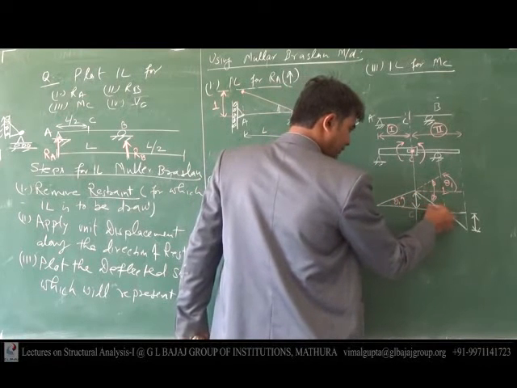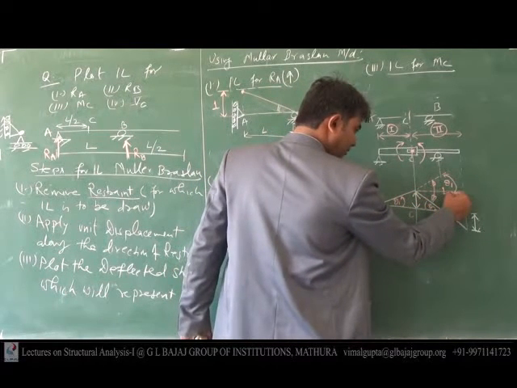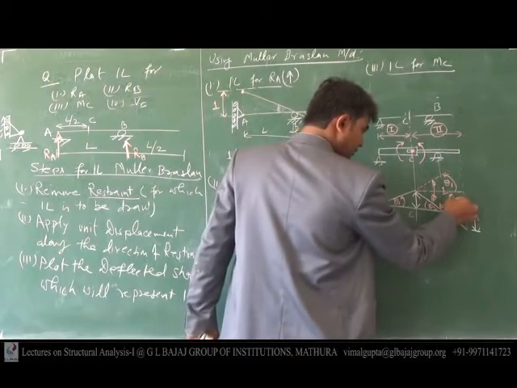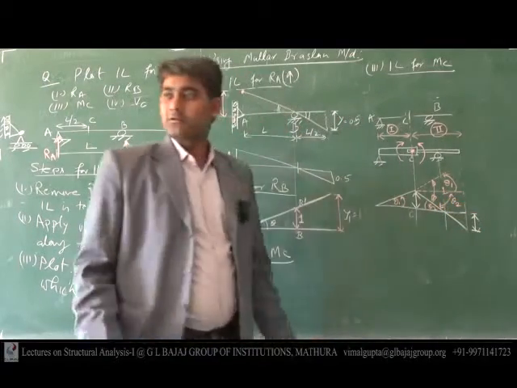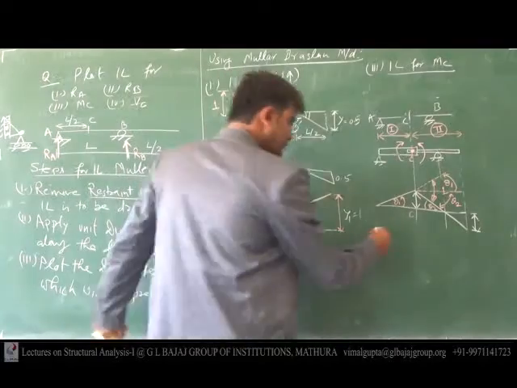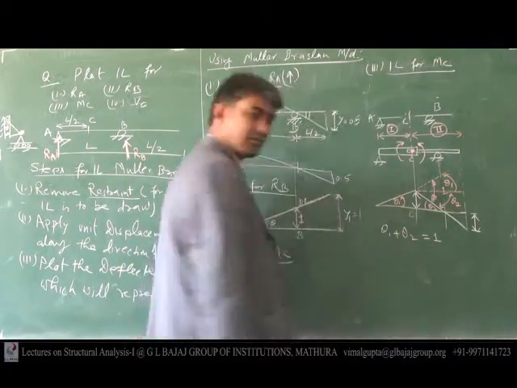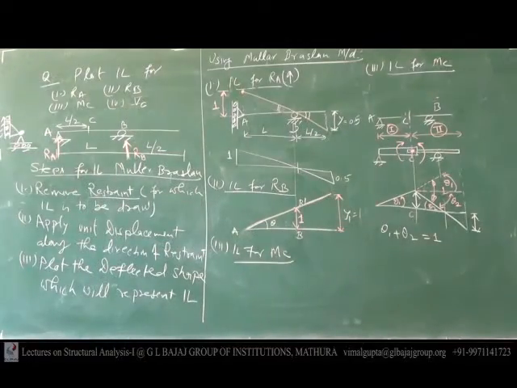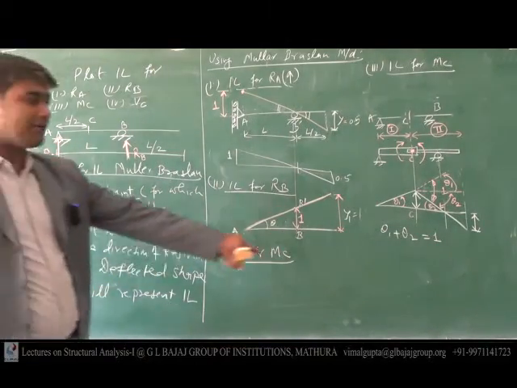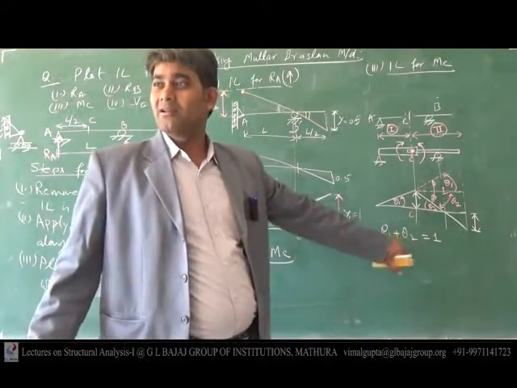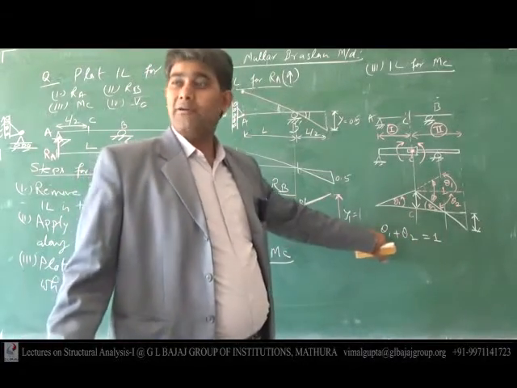If this other angle is θ2, then θ1 plus θ2 equals 1. For calculation, if θ1 and θ2 are very small, tan θ1 plus tan θ2.